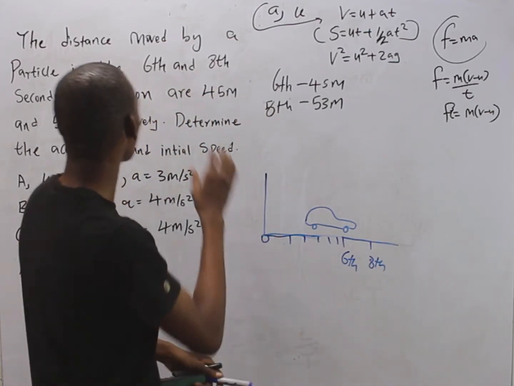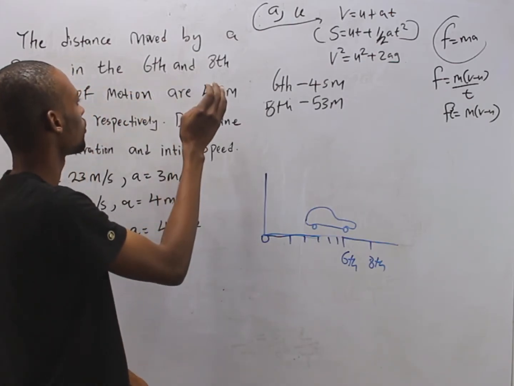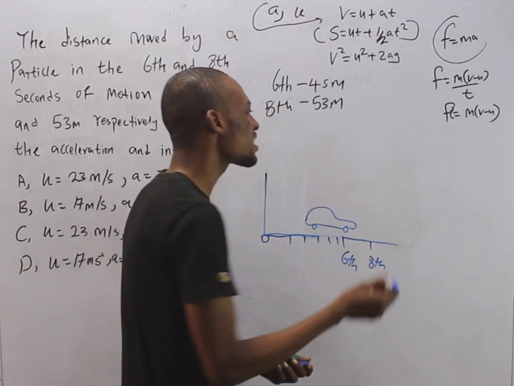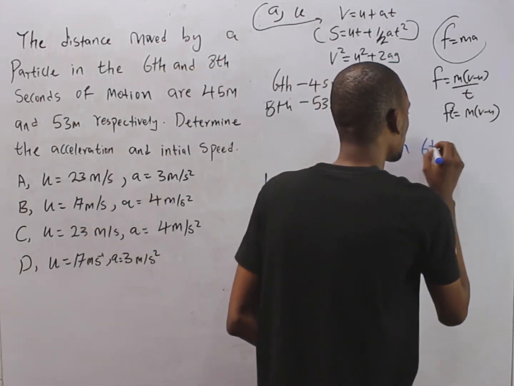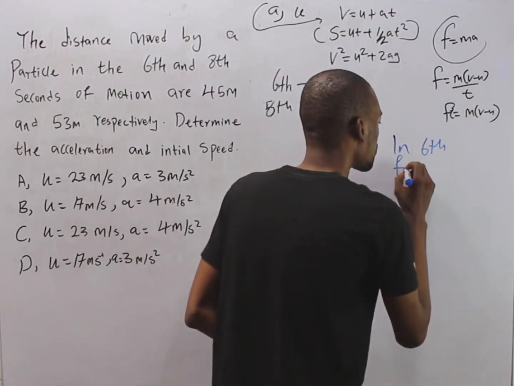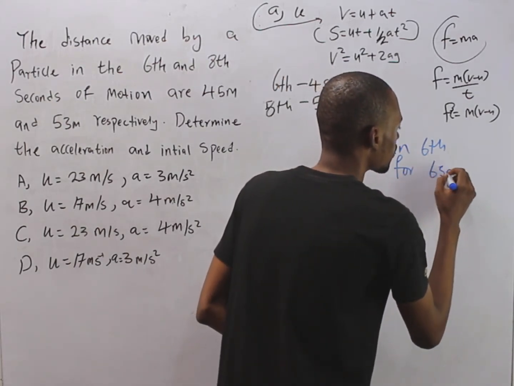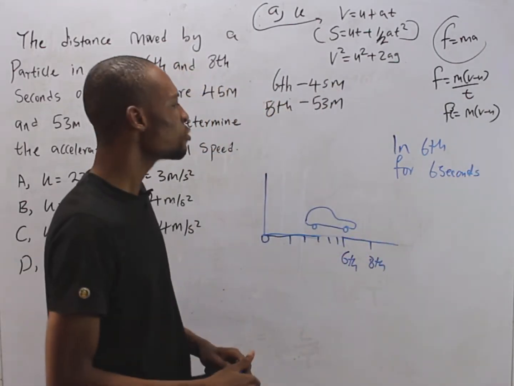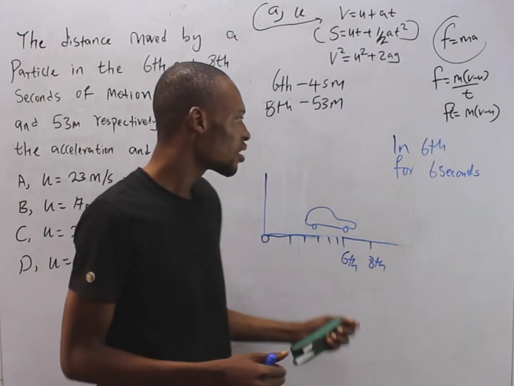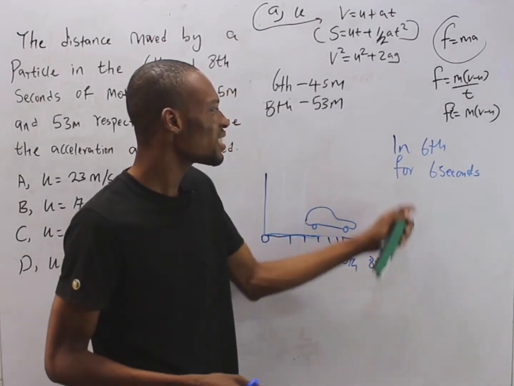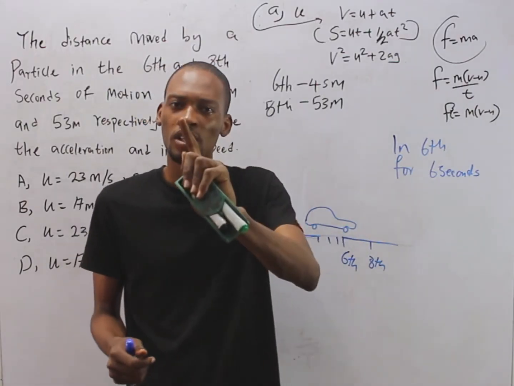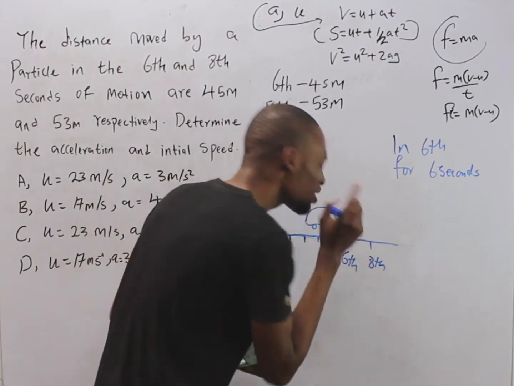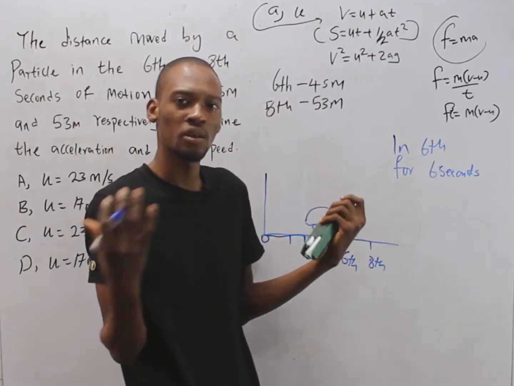Now, they told us in the 6th second, it moved 45 meters. There is a difference between in the 6th second and for 6 seconds. If a body moves for 6 seconds, it means we are concerned about the total distance. But in this case, it says the 6th second. This means from here to here to here to here, that 6th second, the 6th one, that is what we are concerned about.